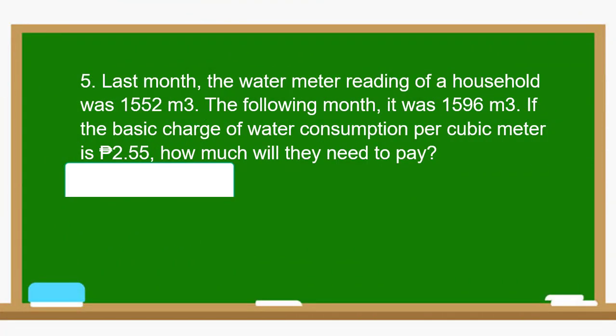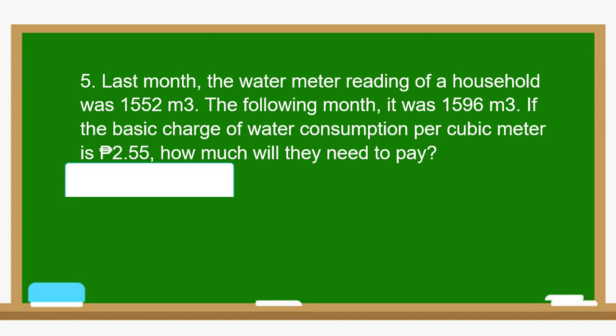And number 5. Last month, the water meter reading of a household was 1,552 meter cube. The following month, it was 1,596 meter cube.